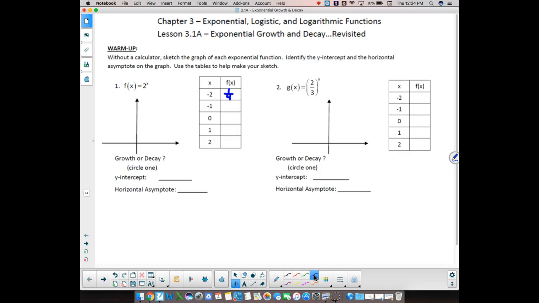If I plug in -1 into my function, 1/2. If I plug in 0 into my function, 2 to the 0 power, 1.